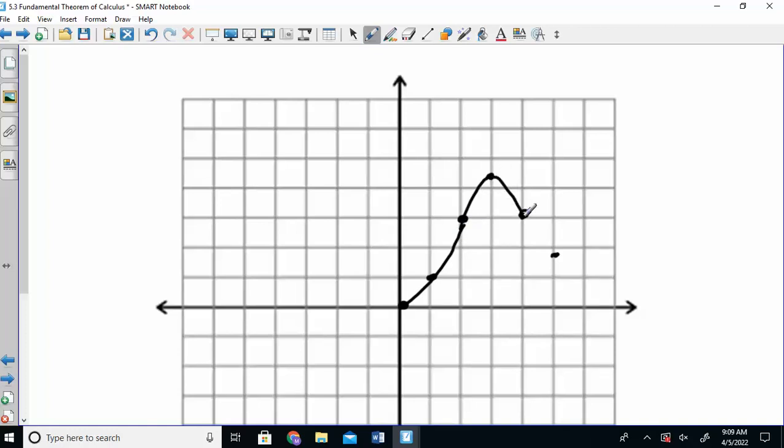Obviously, if we wanted to be more accurate, we would need more points, but we could use those to graph the antiderivative. Questions on that?